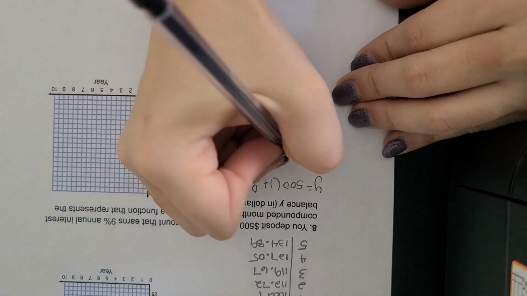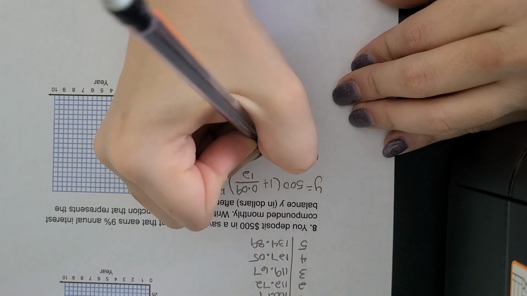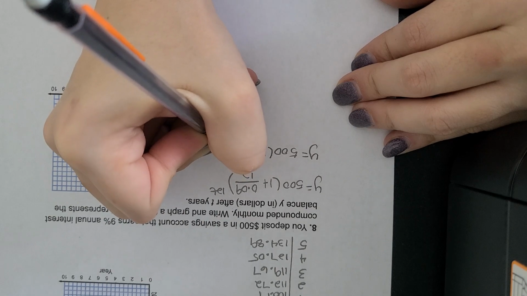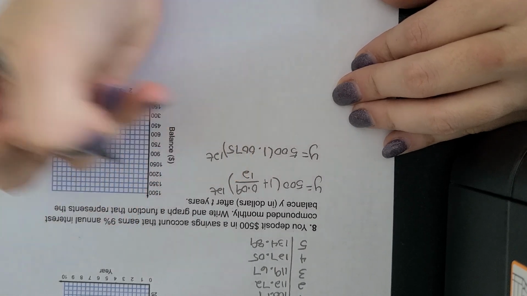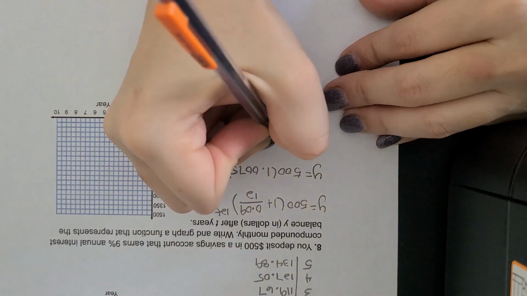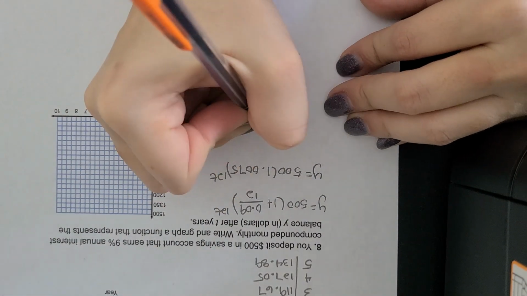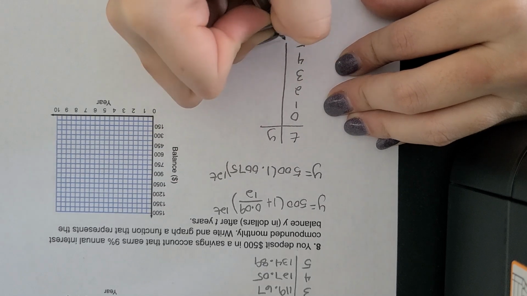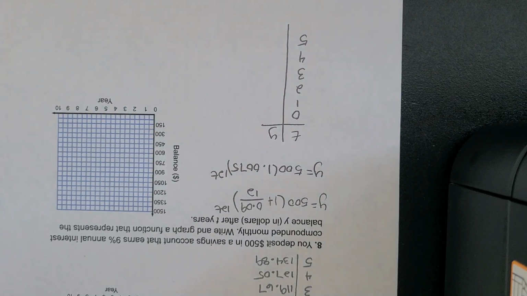Simplifying that equation, I get 500 times 1.0075 to the power of 12t. Now I want to graph this. So I'm going to use 0, 1, 2, 3, 4, and 5 for t, seeing what I get for y.